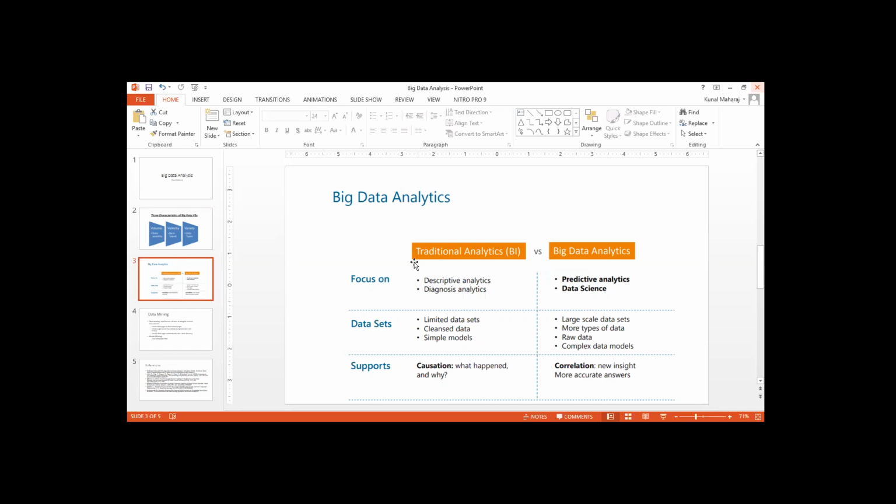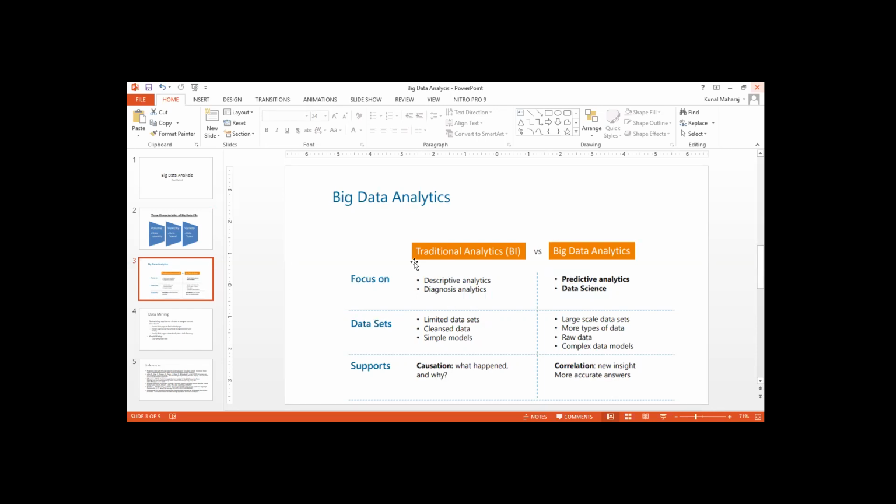What I'm trying to say is that we are able to extract knowledge rather than information, while traditional databases and traditional data were focused on extracting information out of the data sets in the databases.